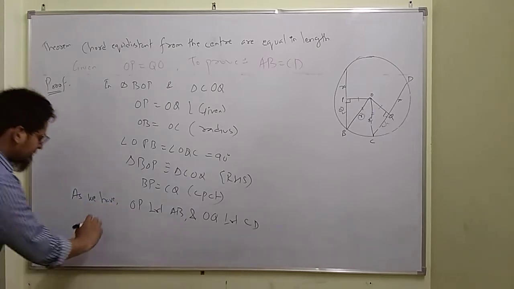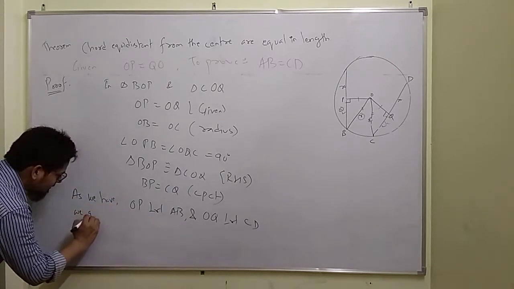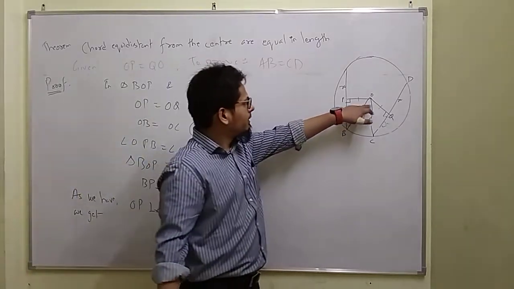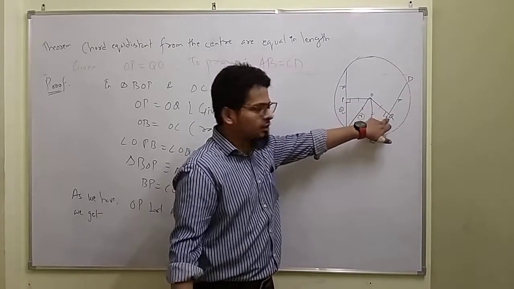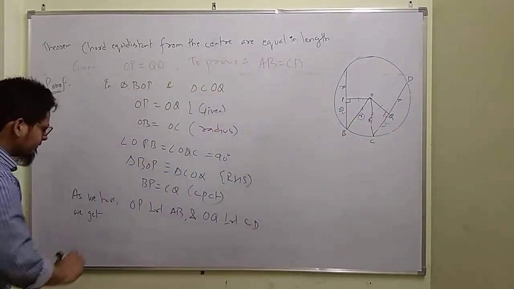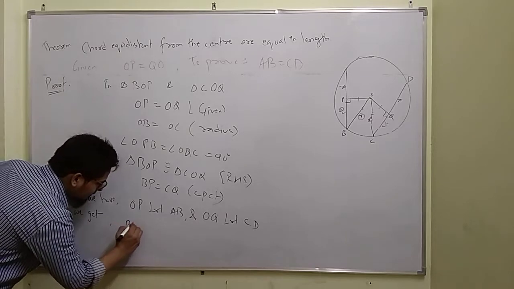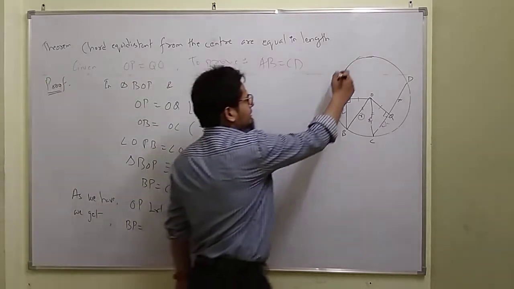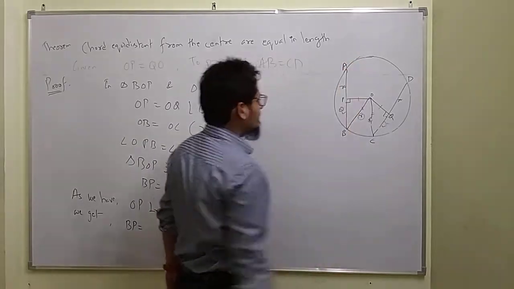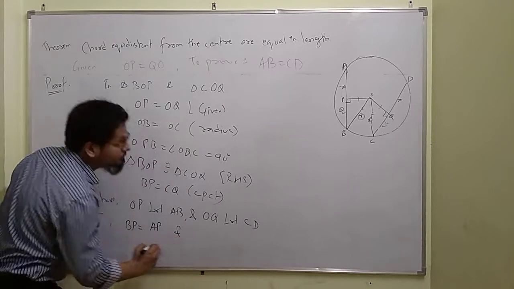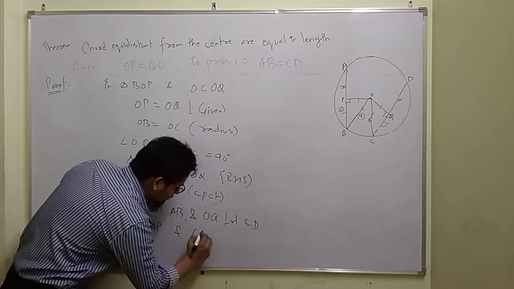We get that this line OP bisects this chord, and this line OQ bisects chord CD. So now we get BP is equal to PA, and CQ is equal to QD.